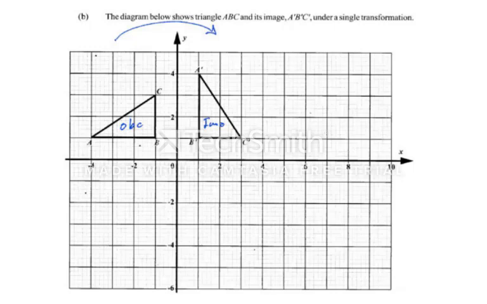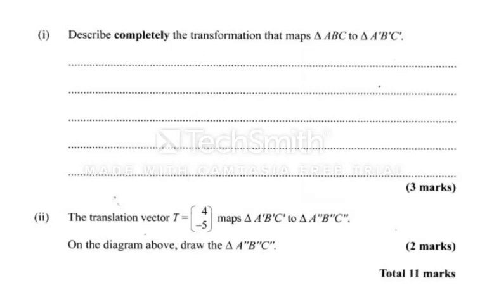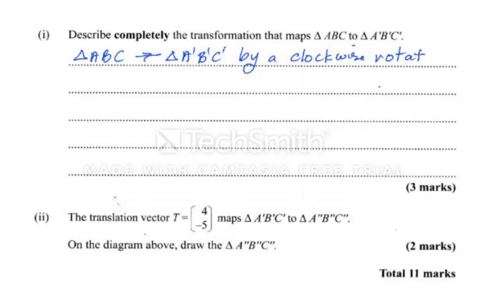So therefore, triangle ABC is mapped onto triangle A prime, B prime, C prime by a clockwise rotation of 90 degrees about the origin.